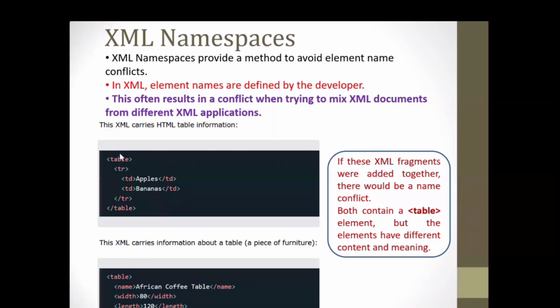In this table tag we have tr, td, but in the other table tag we have name, width, length. So both have different formats. How to differentiate this table tag from that table tag? For that we have the concept of namespace.